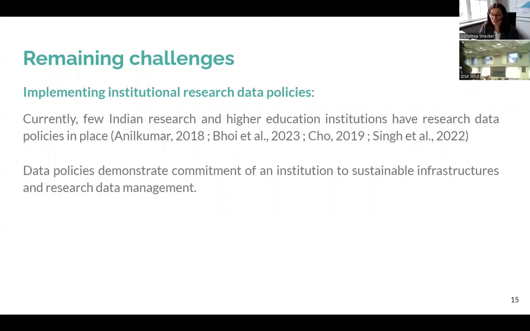So if an institution gives itself a data policy, that truly shows commitment, and then many stakeholders can see what the strategy or the long-term perspective on research data management is supposed to be. So I think that is an area where some challenges still remain.